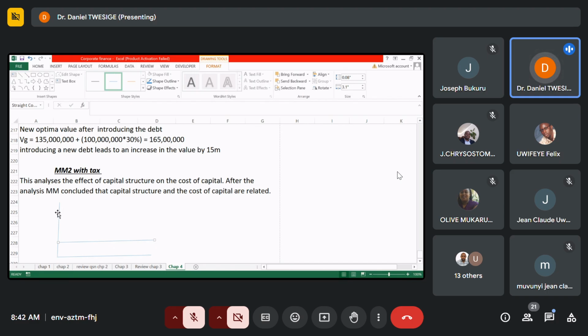Cost of equity, if you remember our previous part, the moment you introduce debt, the cost of equity increases. But due to the tax benefit associated with the debt, the overall cost of capital is going down like this. So this is your WACC.